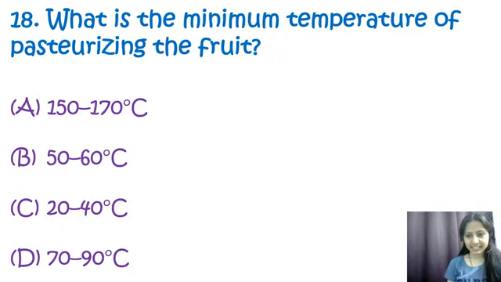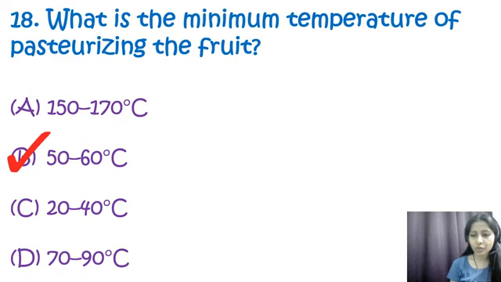Question number 18. What is the minimum temperature of pasteurizing the fruit? Options are 150 to 170 degrees Celsius, 50 to 60 degrees Celsius, 20 to 40 degrees Celsius, and 70 to 90 degrees Celsius. So over here the correct option is 50 to 60 degrees Celsius. The pasteurization of fruit juice typically involves a heating range of 68 to 70 degrees Celsius, and the time range is around 30 minutes.